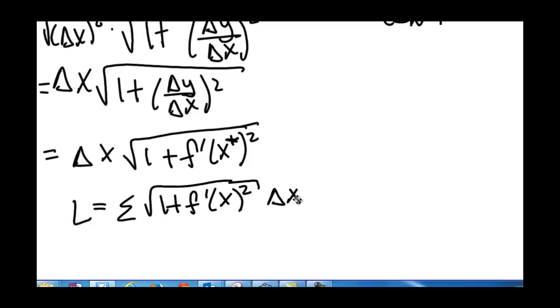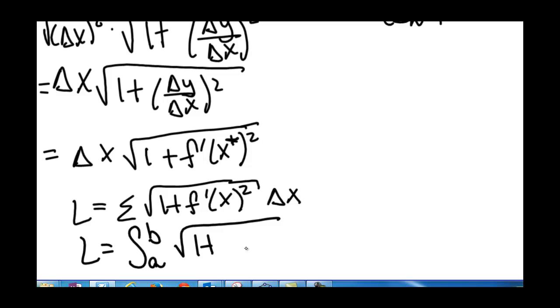So if we take the limit as our number of subintervals goes to infinity, then the length equals the integral from a to b of the square root of 1 plus f prime of x squared dx.